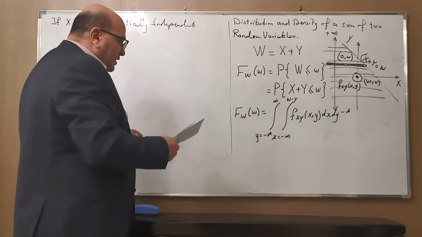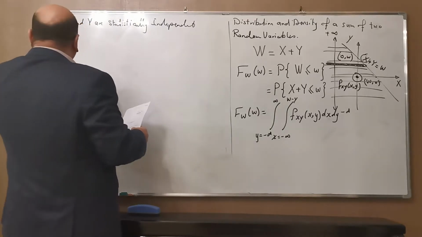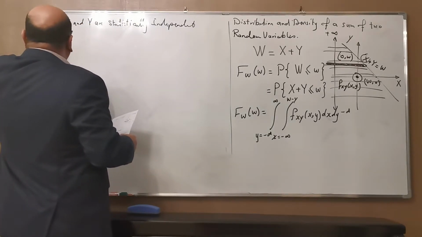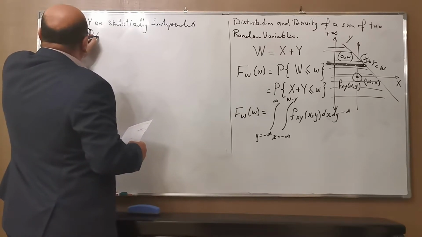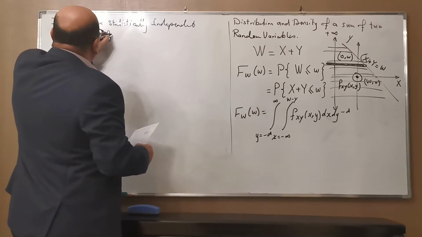So if they are statistically independent, what will happen? So f_XY(x,y) equals f_X(x) times f_Y(y).